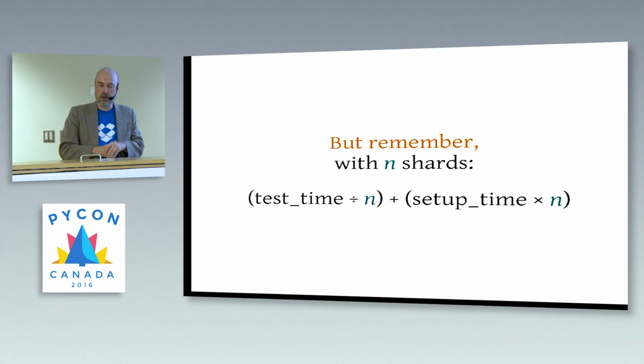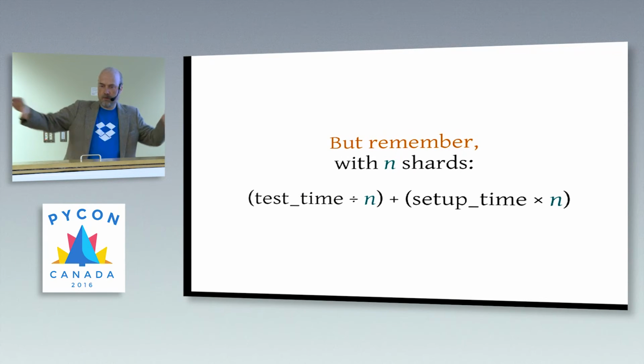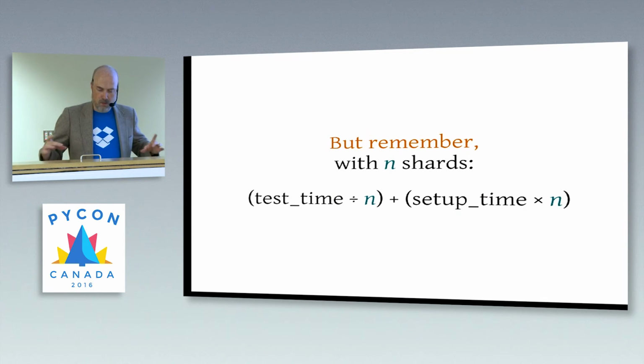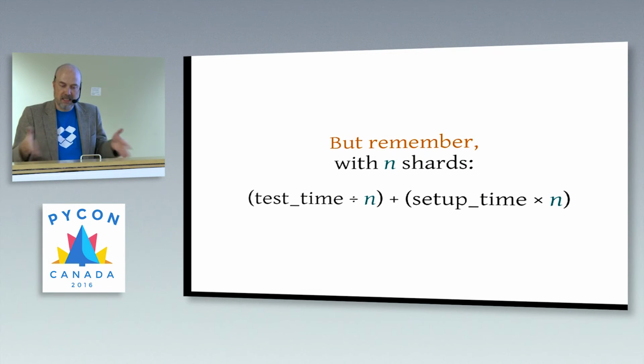So you'll find diminishing returns that as you go out to lots of shards, you're getting down, hypothetically, where you're only spending a minute per shard running a few Selenium tests, but you're still spending a few minutes in setup, so it's generally not worth it. So watch for that. Efficiency grows less as you make it larger and larger.